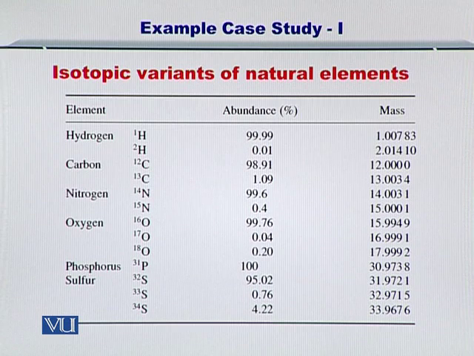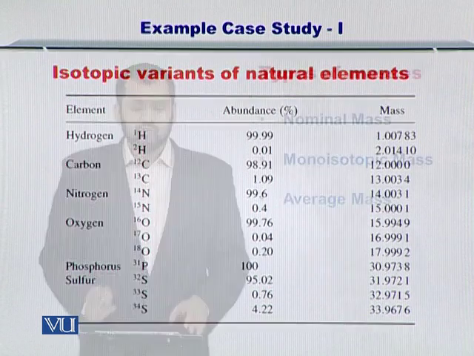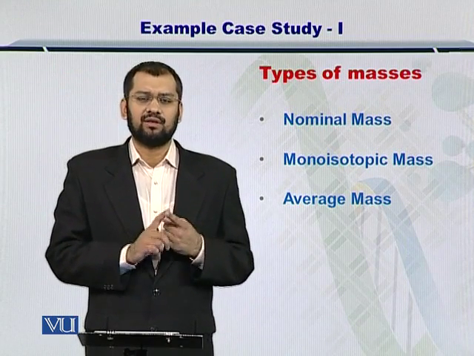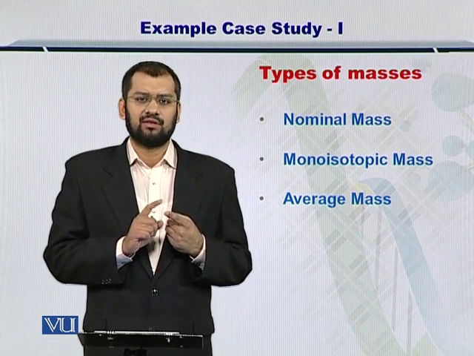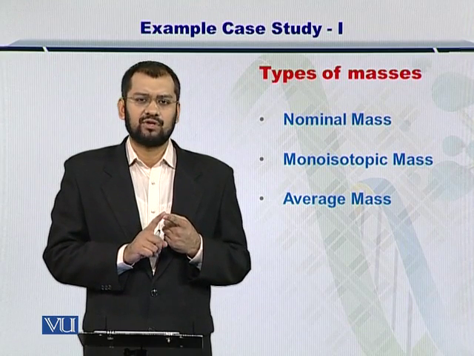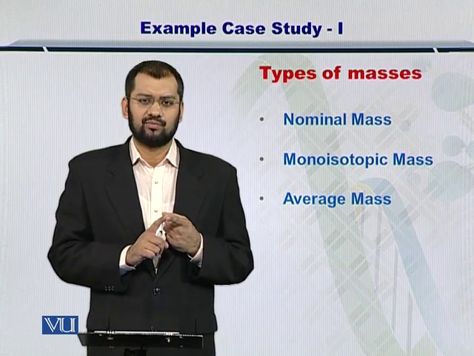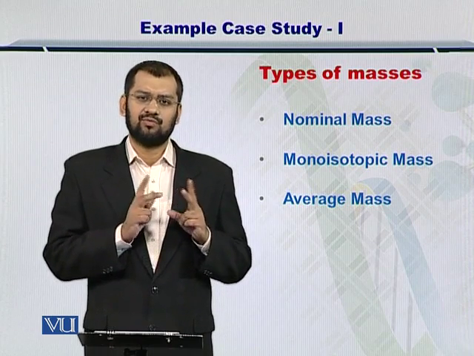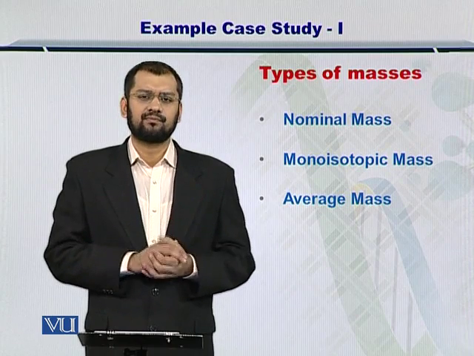For nitrogen, 14.0031 is the monoisotopic mass, and so on and so forth. So the two things that you took from the previous table were, one, that all elements that comprise a protein have multiple isotopes, and second, each of these isotopes occurs with varying abundance.